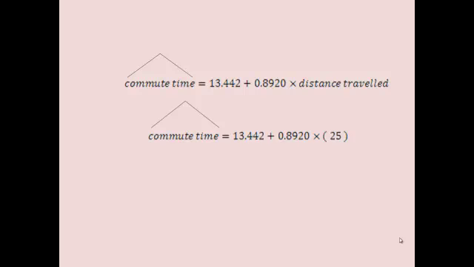And if you run that through your calculator, that's going to give us a predicted commute time for someone who lives 25 miles from college. Their predicted commute time is 35.7 minutes. Now, this is theoretically what's going on when we use the regression equation to predict a value for the y variable. But let's go back into Minitab to see how we can make Minitab do this calculation.